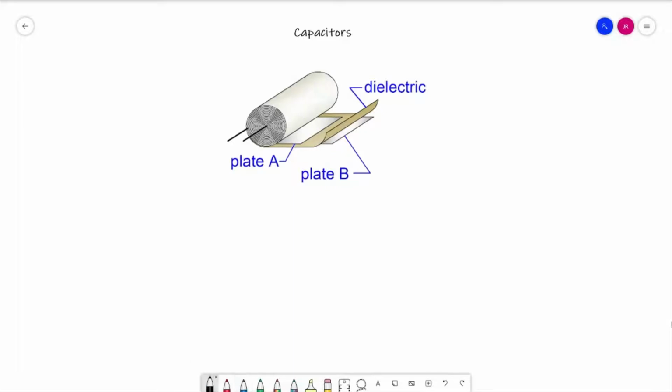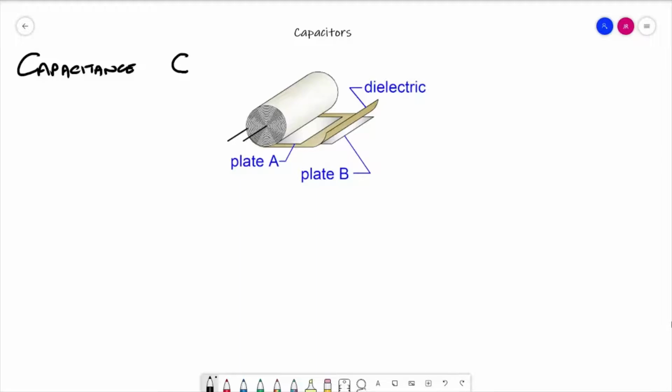So the first thing we're going to do is have a look at capacitance. And the symbol that we use for capacitance is a capital C. Now, again, the idea of a capacitor is to store charge, and capacitance, at least in a basic idea at the moment, before we move on in future videos into more complicated terms, is a measure of how much charge can be stored.